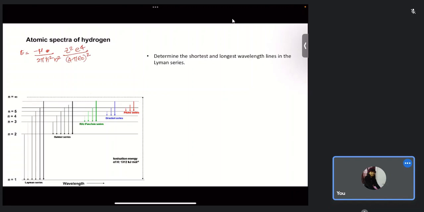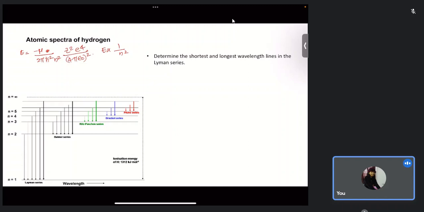This is the energy that we have arrived at by solving the Schrodinger equation. We also realize that E is inversely proportional to n square for a hydrogen-like system; it only depends upon the n square value.